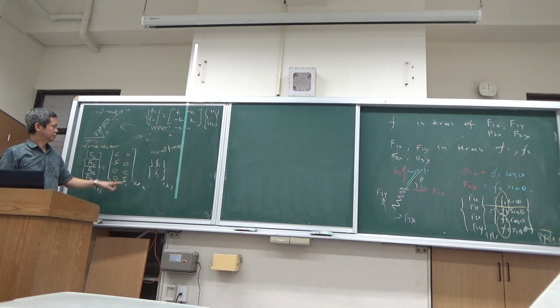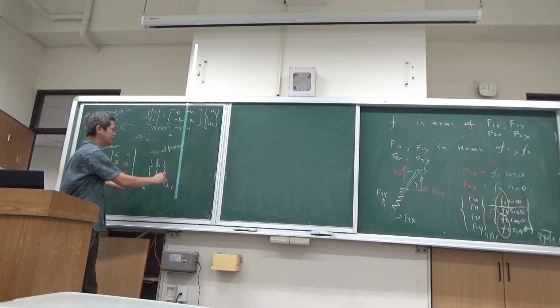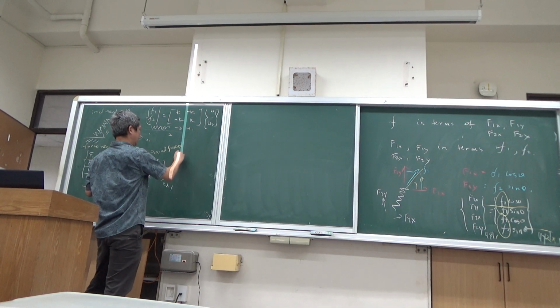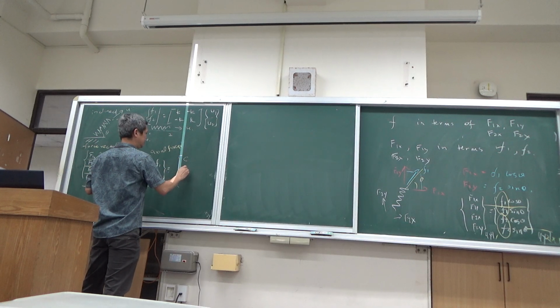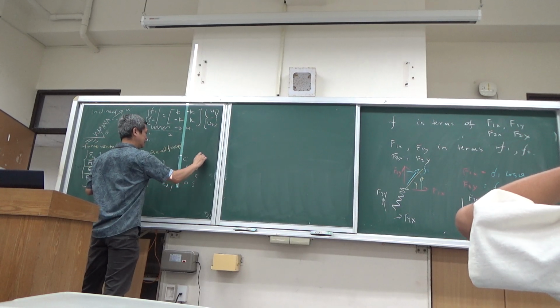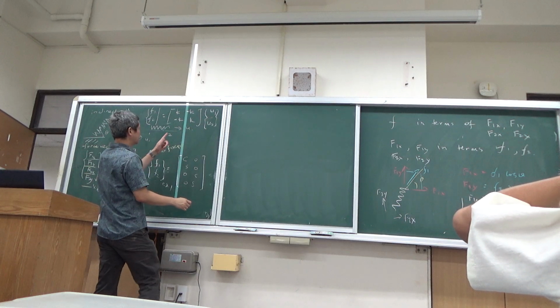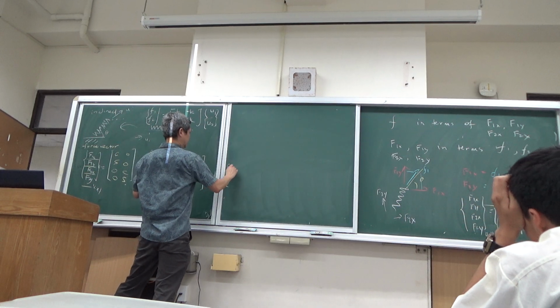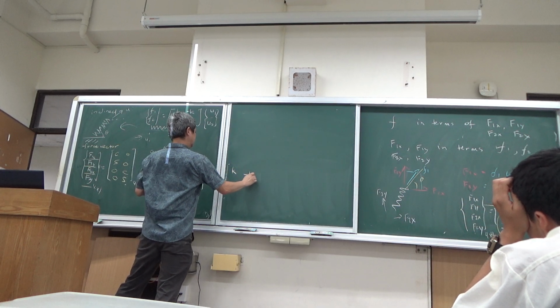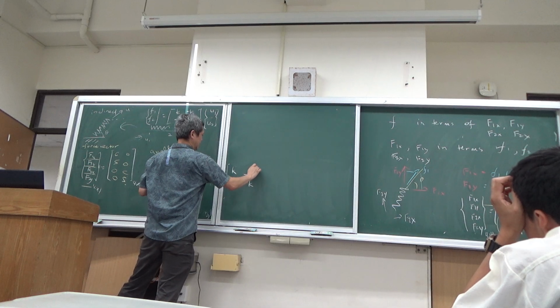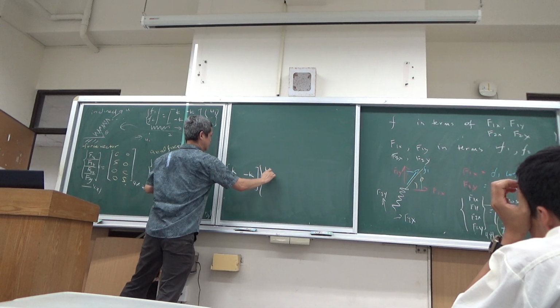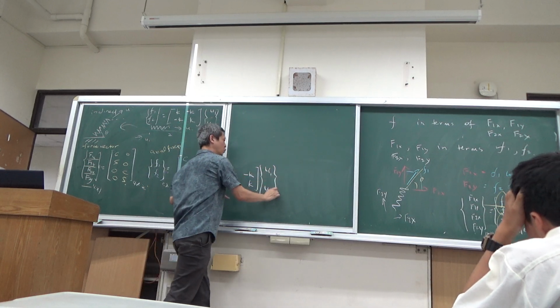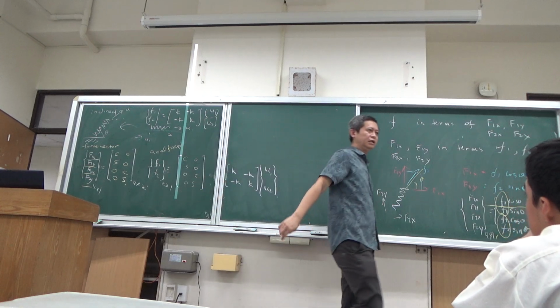Okay? If that's the case, then you can do further expansion. I have my C, 0, S, 0, 0, C, 0, S times K, minus K, minus K, K times U1, U2. Okay?